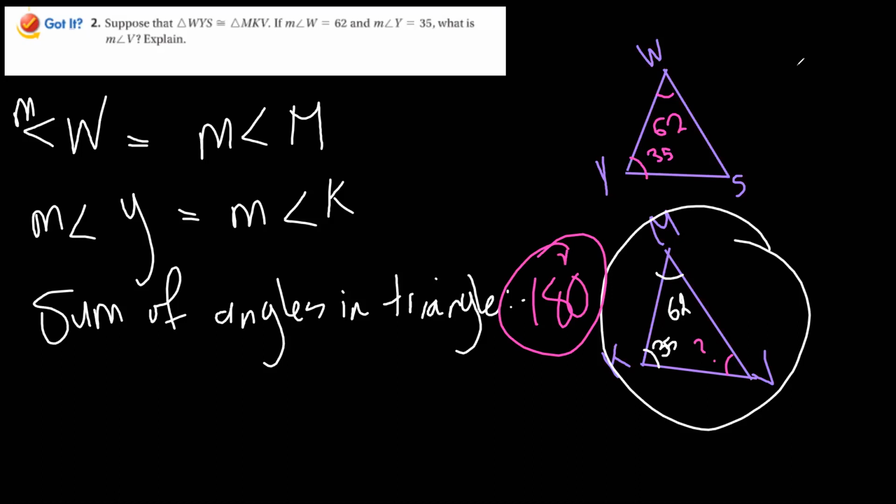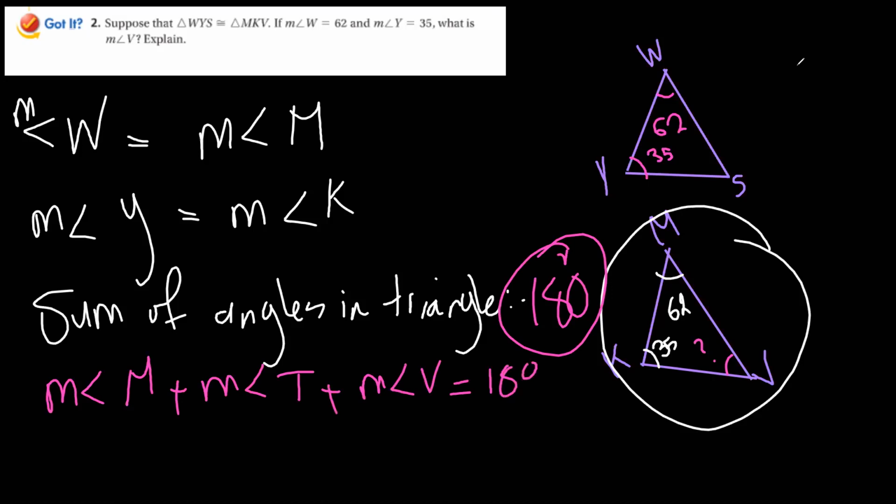Then, how can I know the unknown angle? I will say the measure of angle M plus the measure of angle K plus the measure of angle V is equal to 180. I will add all the angles: the first angle with the second angle with the third angle.